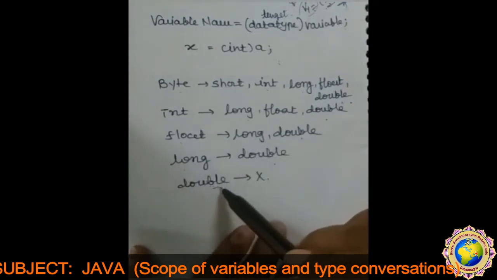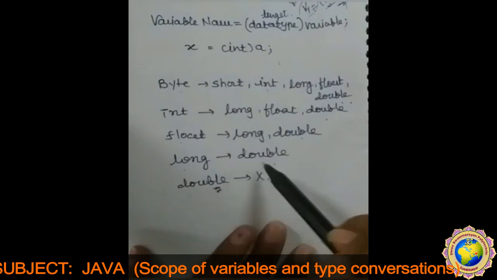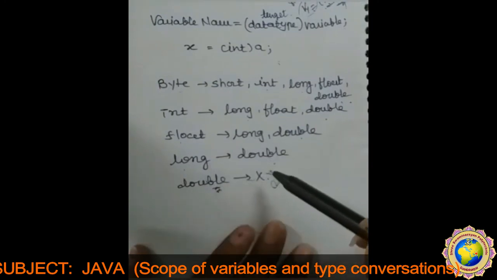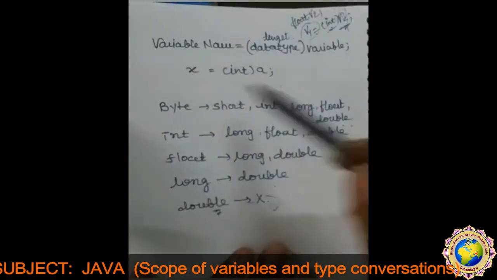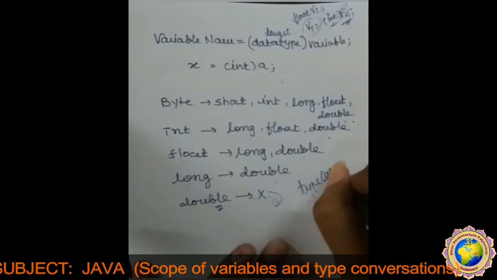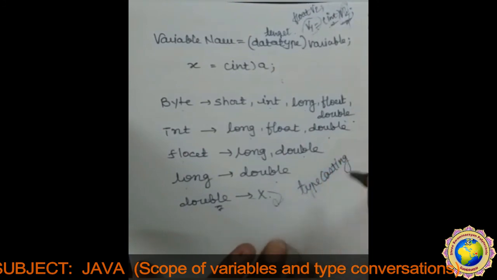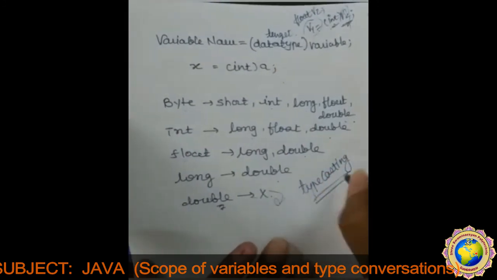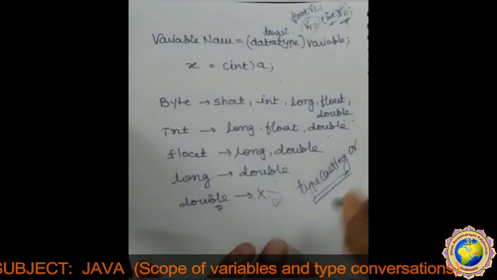And double cannot be converted into any higher type. So this is all about typecasting. That is the most important question: typecasting, or type conversion.